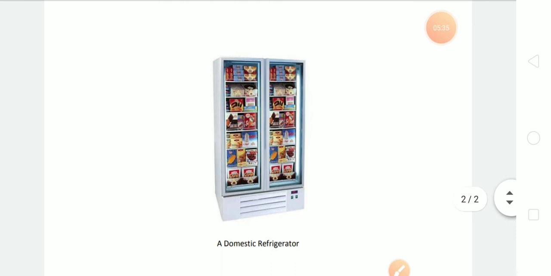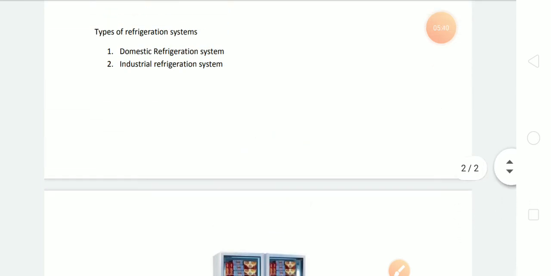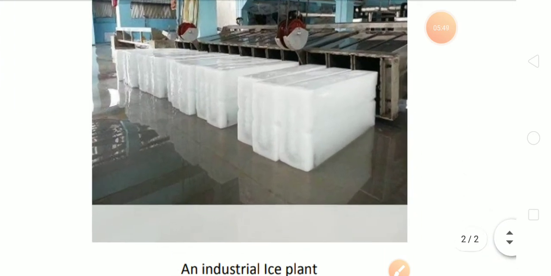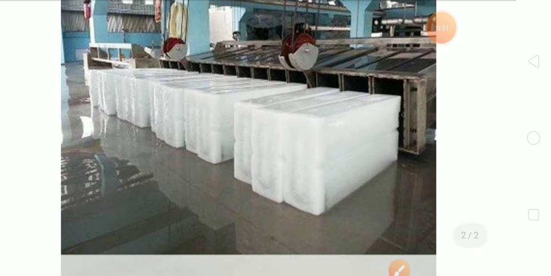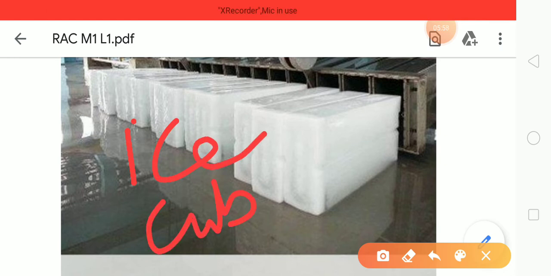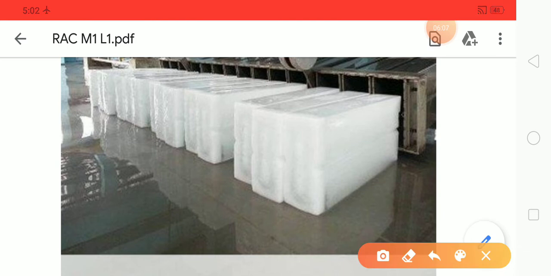So what is happening in industrial refrigeration systems? Industrial refrigeration systems are mainly used for commercial purposes. I'll show you some figures. You can see there are so many ice cubes. Actually, these are giant ice cubes, and you can see the metal boxes. These metal boxes are freezers.